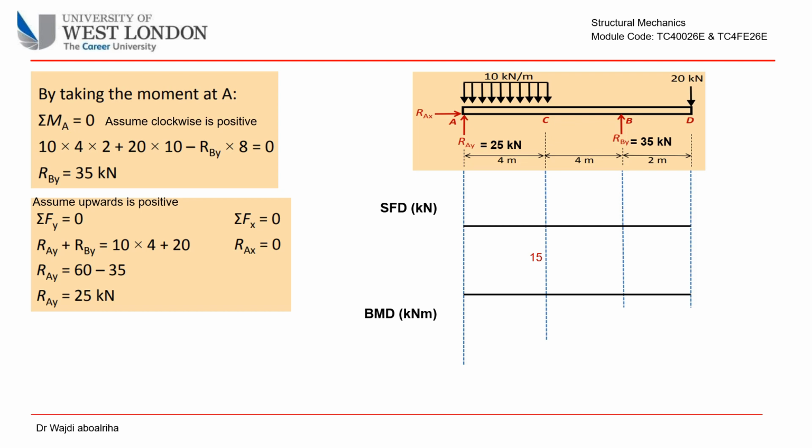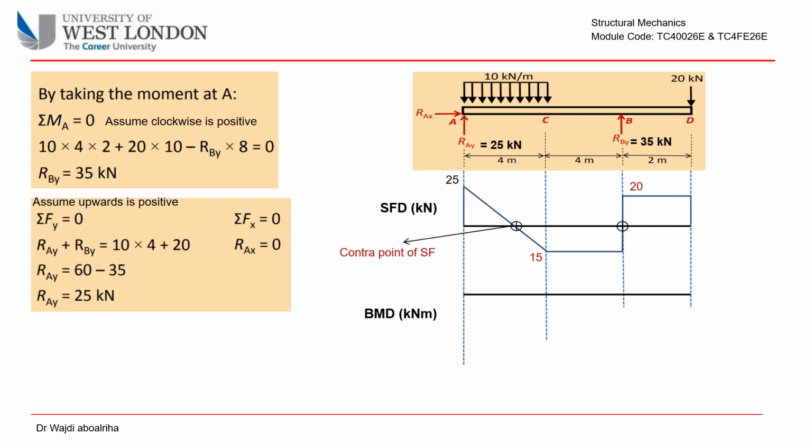Follow the force direction, start from point A, and draw an inclined line from A to C. From C to B, nothing. At B, go up to 35. From B to D, nothing. And from D, go down 20 to 0.